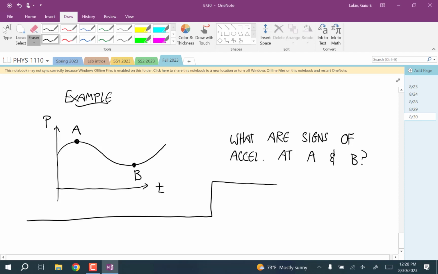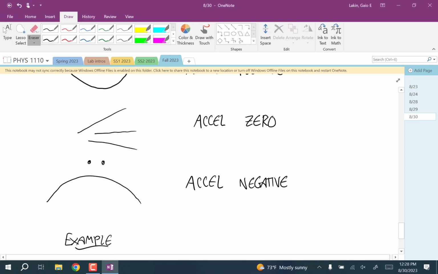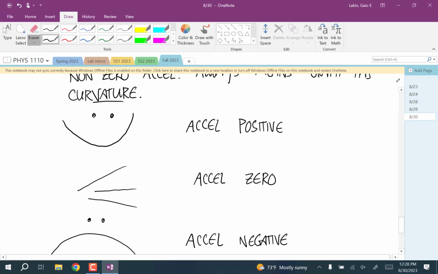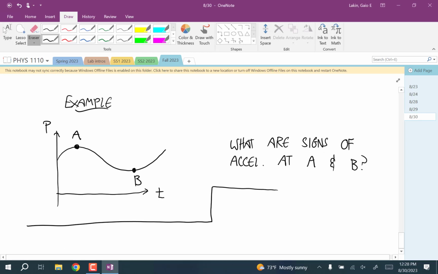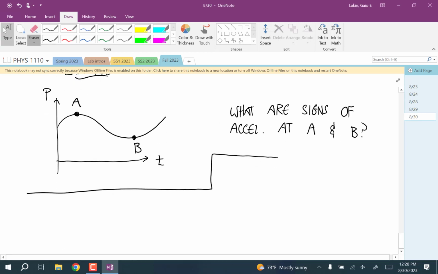Well, at A, does that look like part of a concave up curve like this, like a smile, or part of a concave down curve? Down. And so at the point A, acceleration is negative. At B, does that look like part of a concave up or concave down curve? Up. So that's a positive acceleration.